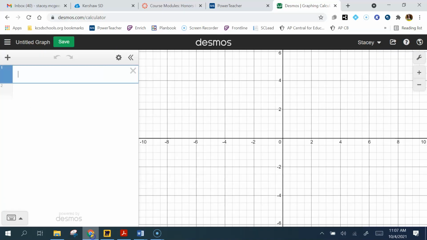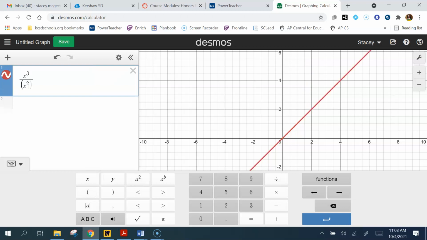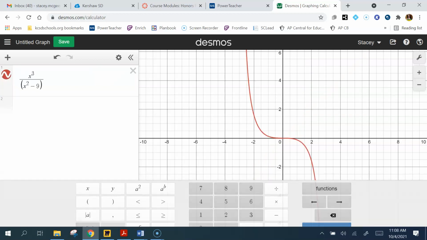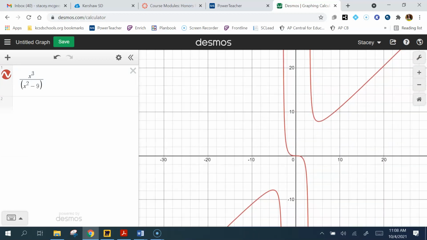So if I graph this, and I'll just graph it quickly, x to the third divided by x squared minus 9. You see my asymptotes there?